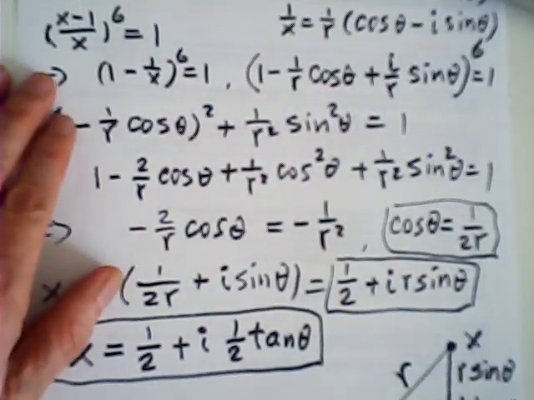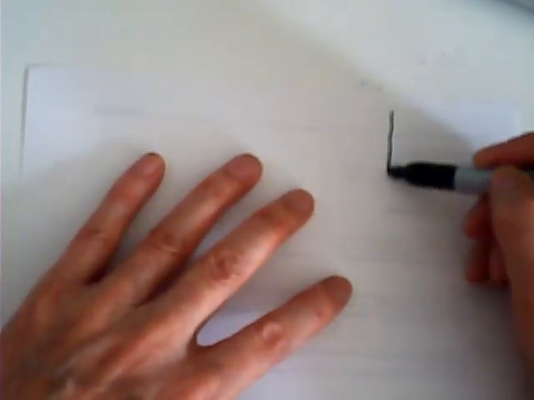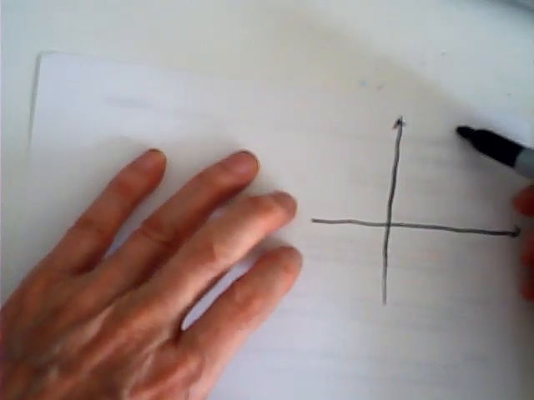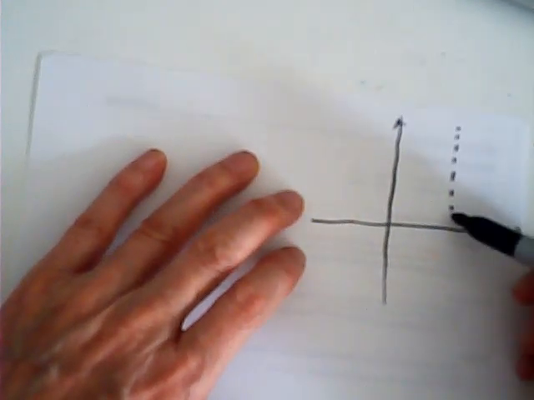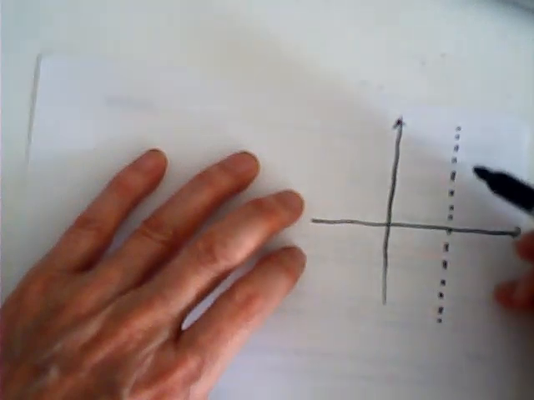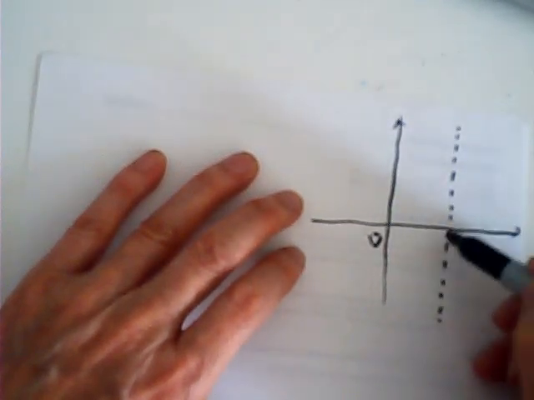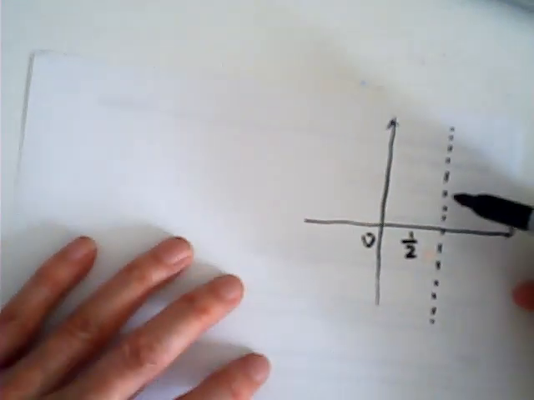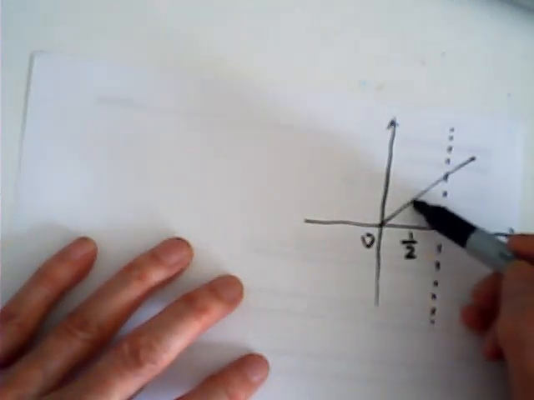Okay, now let me continue. This is the complex number x. X must be there. This is half. See, it's just a matter of theta.